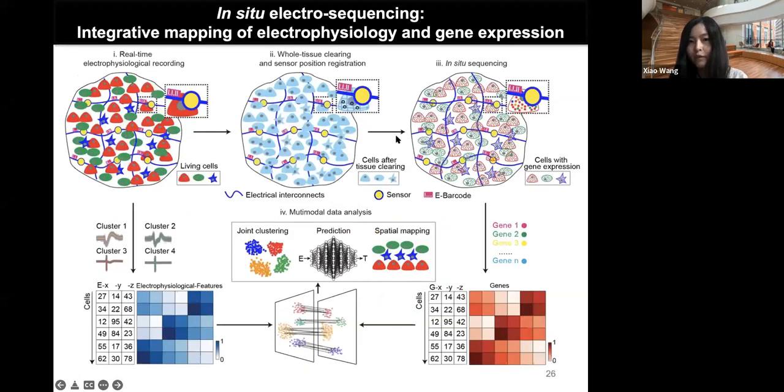The system we chose to demo this concept of integrating electrophysiology with gene expression is human heart organoids. Their lab has developed a platform called cyborg organoids.